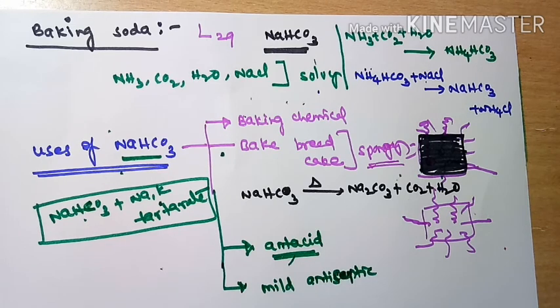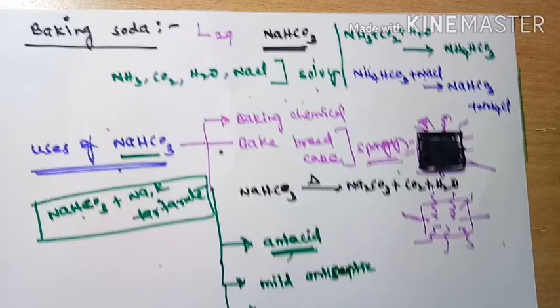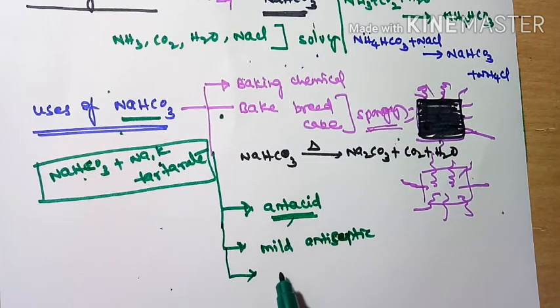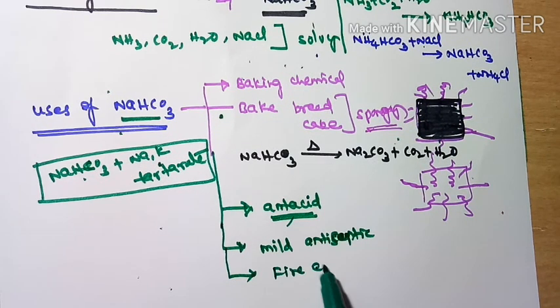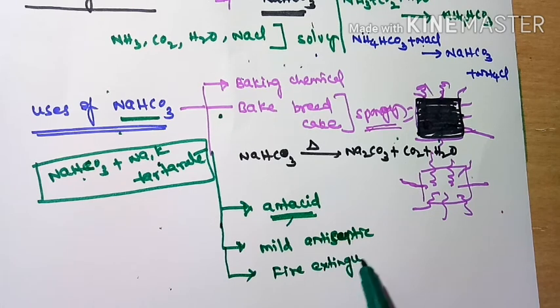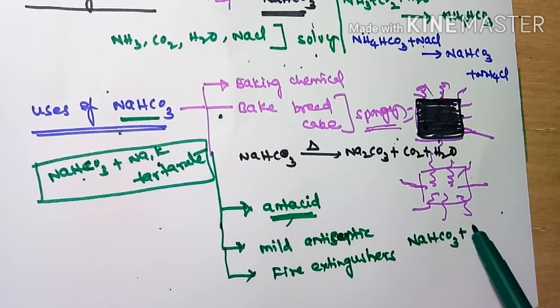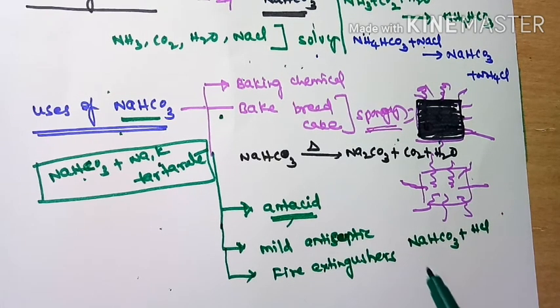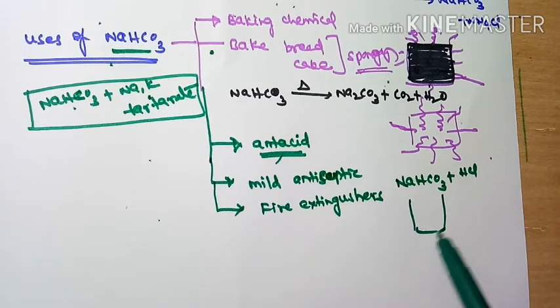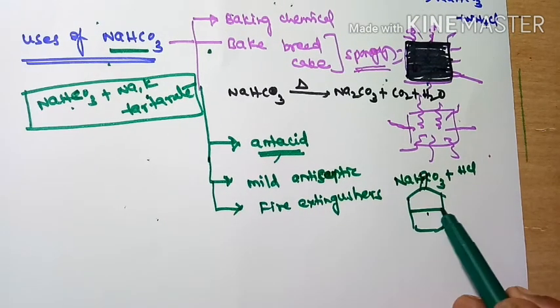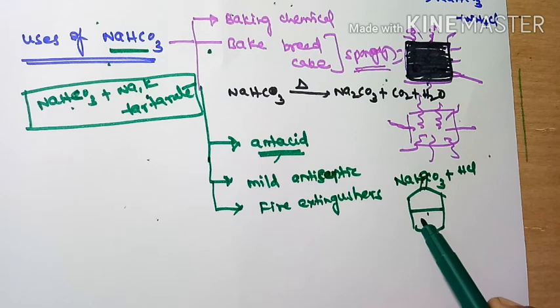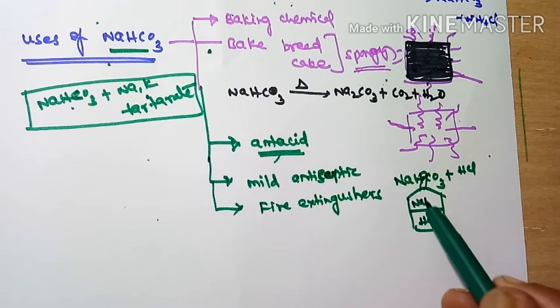And the most important use is in fire extinguishers. In a fire extinguisher, sodium bicarbonate reacts with HCl or H2SO4 acids. Take a cylinder: half of the portion is filled with acid and half with sodium bicarbonate.